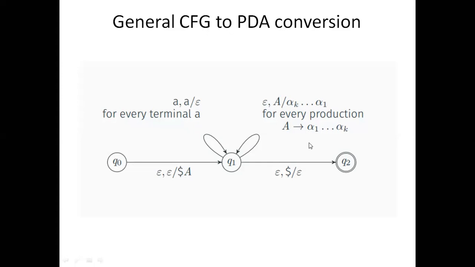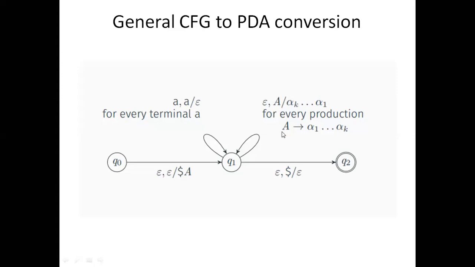And for every non-terminal in our context-free grammar, which are usually of this form: capital A, a non-terminal on the left-hand side, produces some particular string given on the right-hand side. Whenever you encounter this kind of rule in your CFG, you add a transition of this form. What is this saying? Without consuming anything from the input tape, if A is on the stack top, then replace this A with this string.